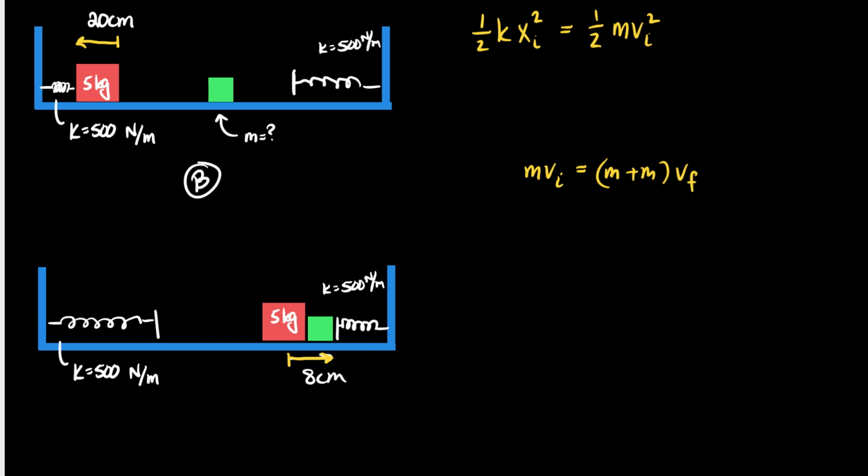Seems like I have, to start, 1/2 M plus M V final squared, right? And that's going to equal 1/2 K X final squared. All right. My outline is done.